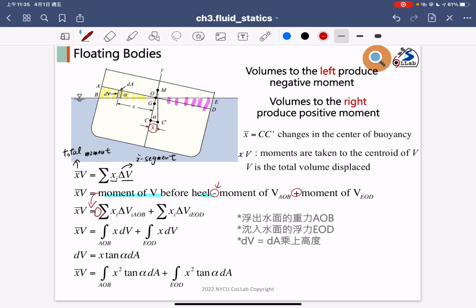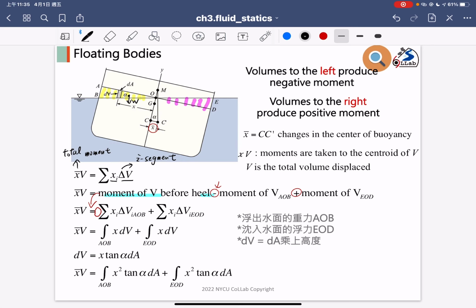because the left hand side AOB is uplifted. So as I already told you, the force will become the weight, not the buoyancy force, because the AOB area is lifted out of the liquid. So it is not the buoyancy force, it is the weight. With the weight, the moment will be clockwise, okay?